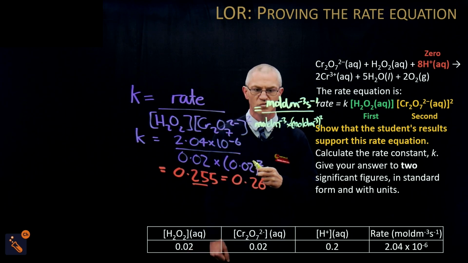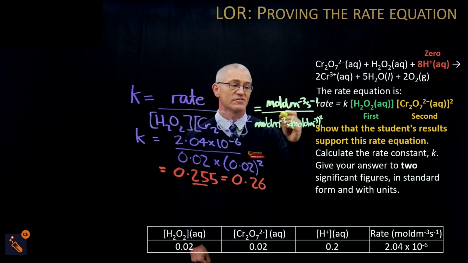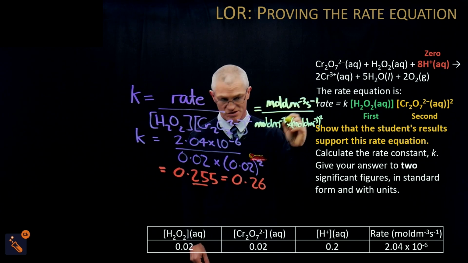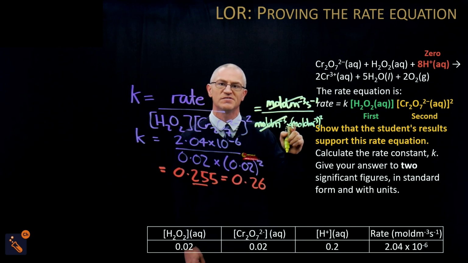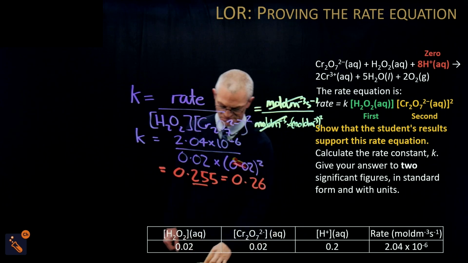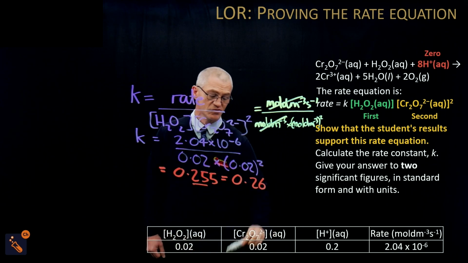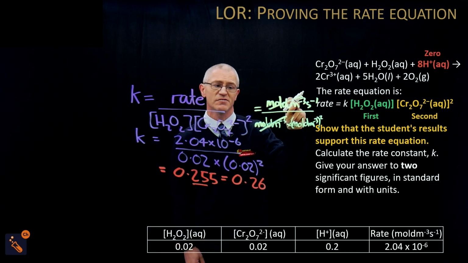Now, all we have to do, if you've done units before, is look at this and go, right, let's cancel. So we cancel out the moles per decimeter cubed. So there's my moles per decimeter cubed gone, moles per decimeter cubed gone. That leaves us with moles dm cubed squared. Now, if that's moles dm cubed squared, remember, raising it up here is like timesing it by -1.